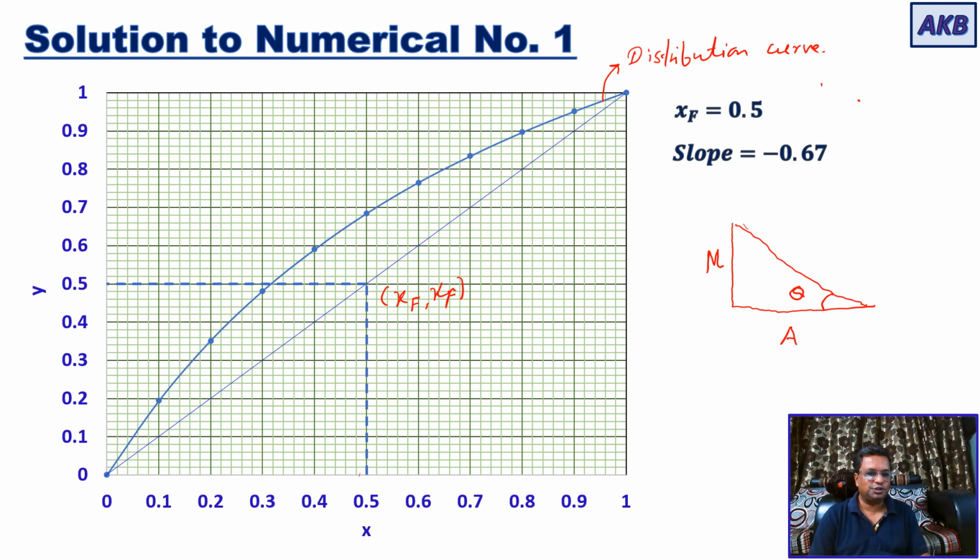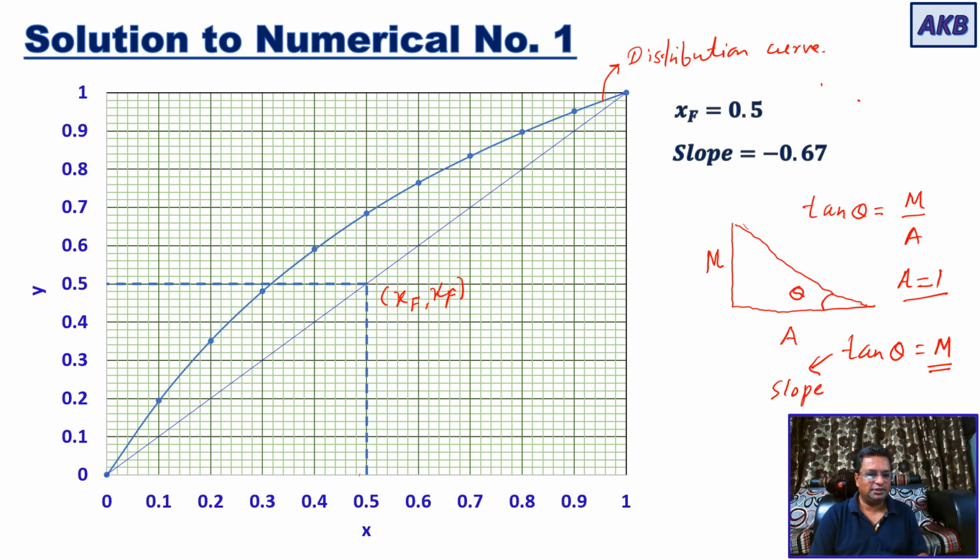As per the definition of tan theta, in this case tan theta is m upon a. Now I will make a equal to 1. If a is equal to 1, then tan theta is equal to m, the length of this side. Are you understanding it? Tan theta is nothing but the slope of this line.